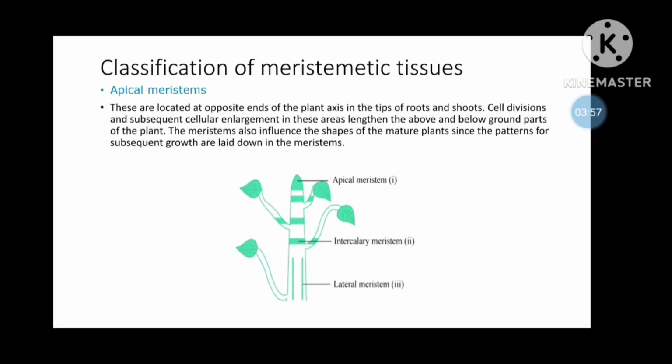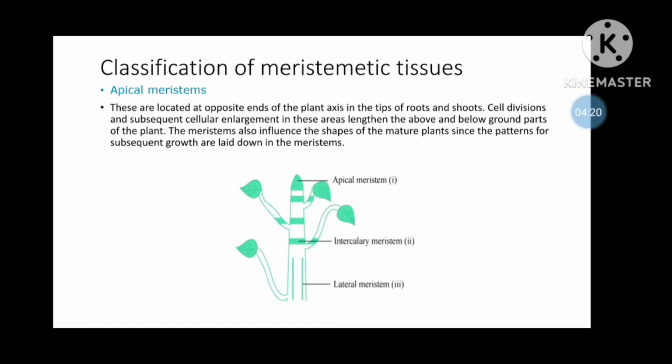Apical meristems are present at the apex of the plant, through which the plant grows. Means this apical meristem is present at the tip of root and shoot. You know, the plant grows through its tips.